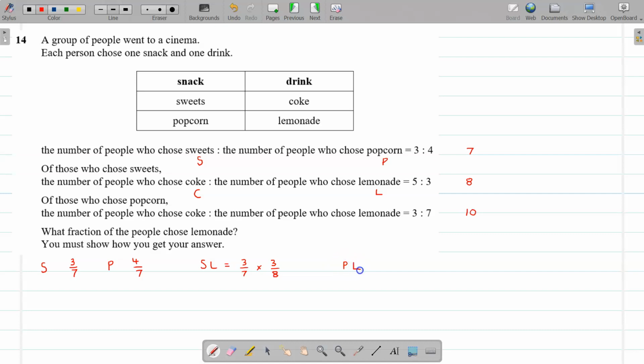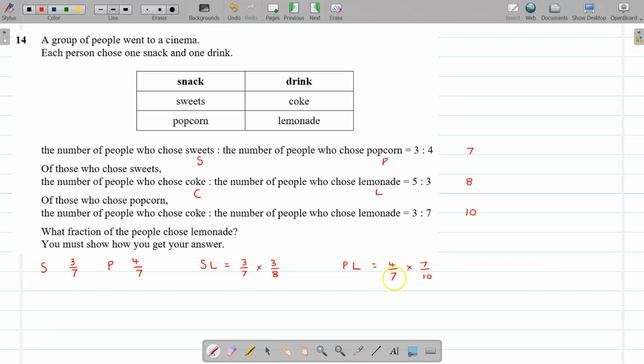Okay, and the other way that people can end up choosing lemonade is that they had popcorn first and then chose lemonade. Okay, so popcorn first was 4/7, and of those who chose popcorn, the ratio of Coke to lemonade was 3-7. So it's therefore 7/10 of those who chose lemonade.